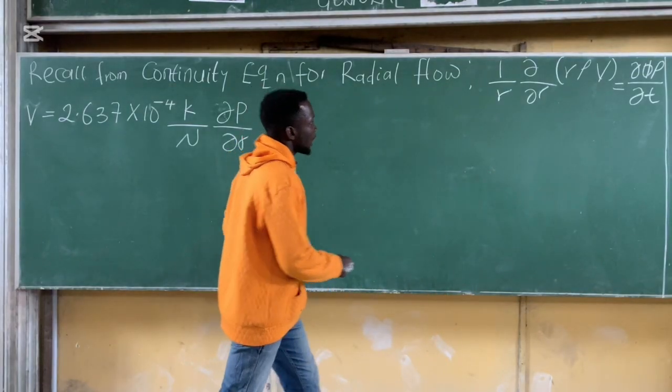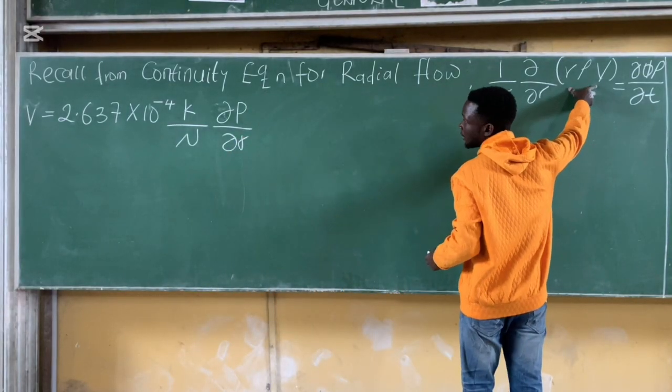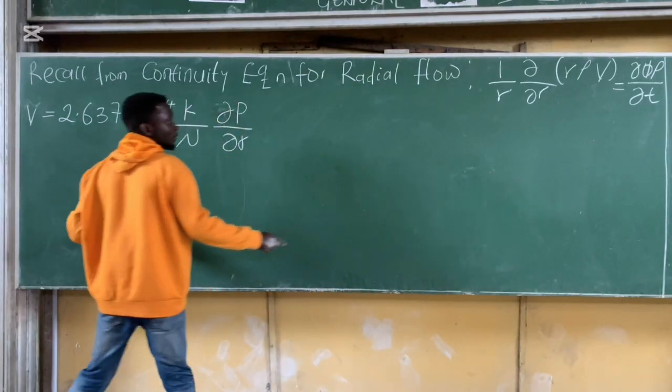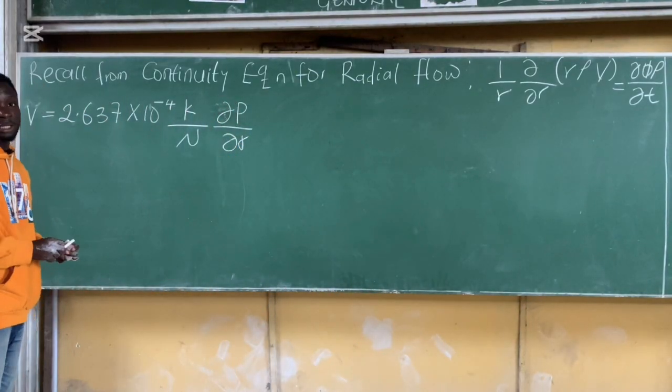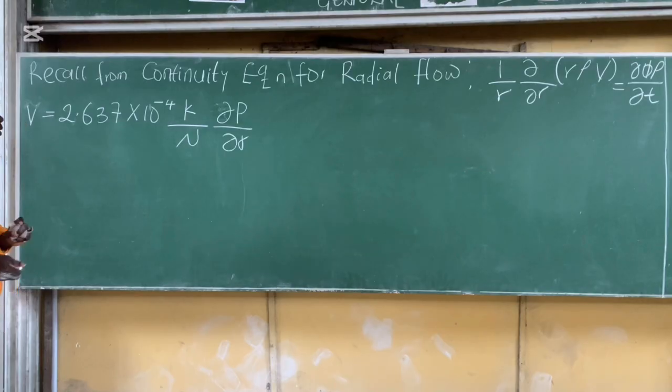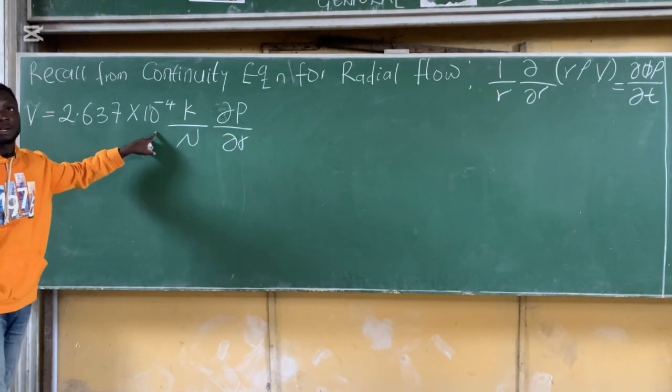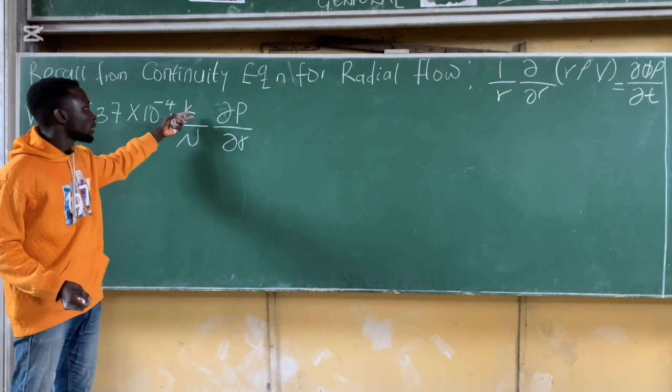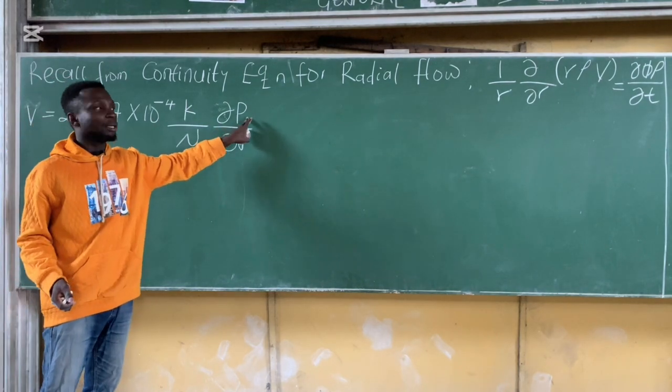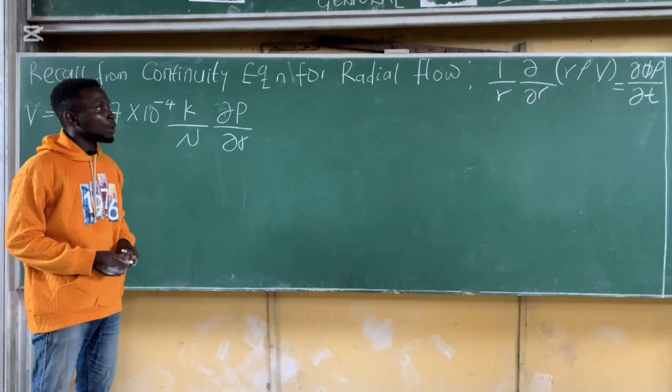Now, in this equation, we have v here. That v symbolizes the volumetric flow velocity. We equate v as 2.637 times 10 raised to the power minus 4, k over mu, dp over dr.